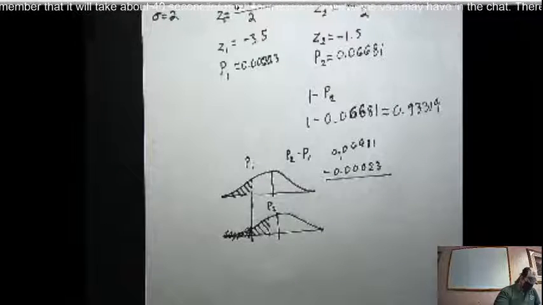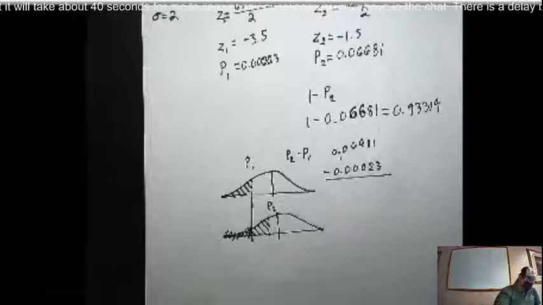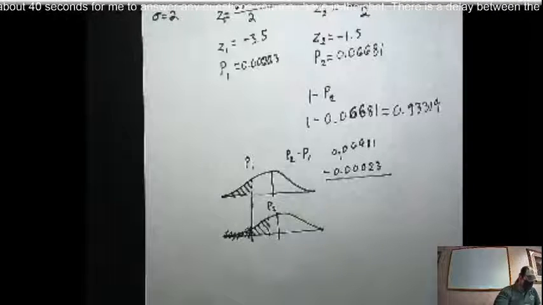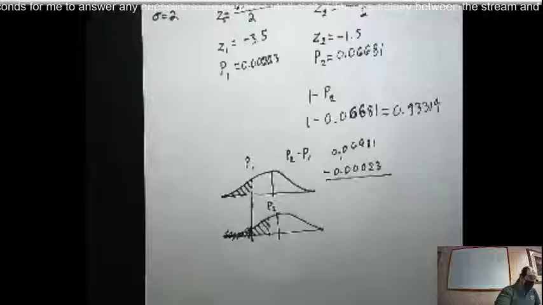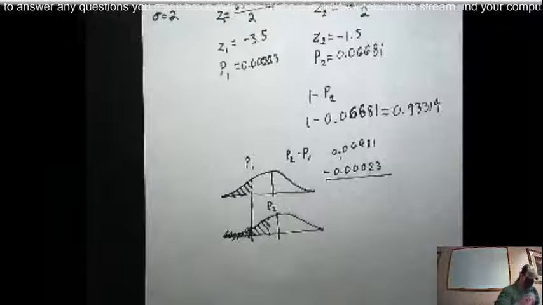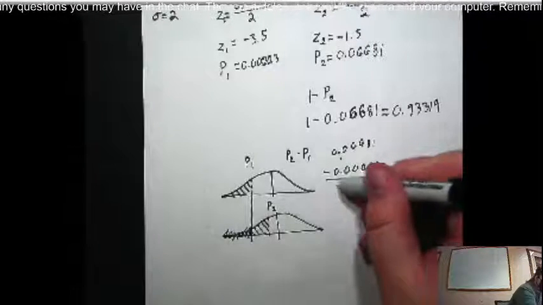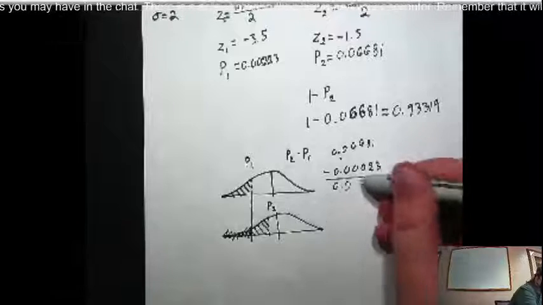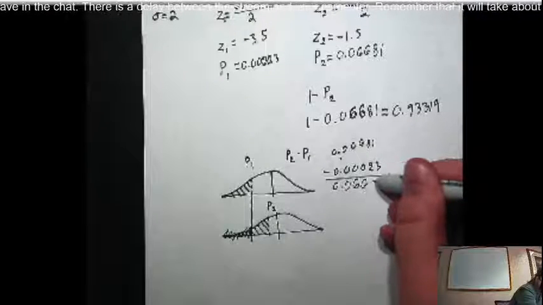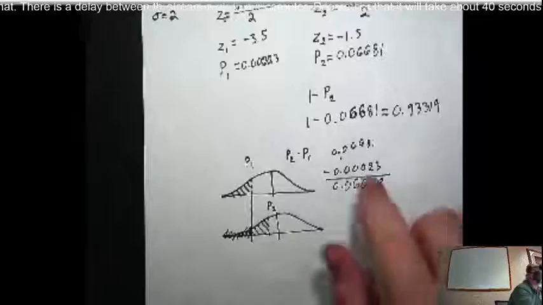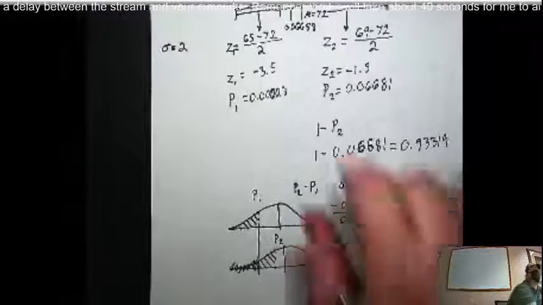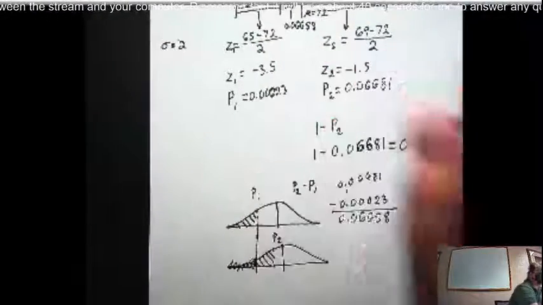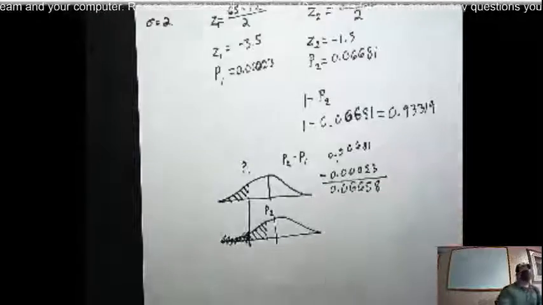So 0.06681 minus 0.00023 gives us 0.06658. Hey, that is the exact same number that we got from our other calculations. So this does work.